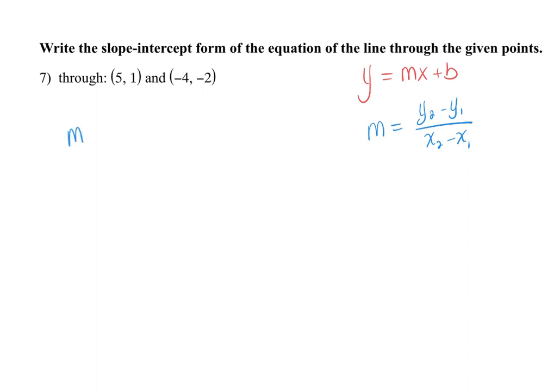So I'm going to say y2 minus y1 over x2 minus x1. All right? So negative 2 minus 1 gives me negative 3. Negative 4 minus 5 gives me negative 9. That will simplify to positive 1/3.